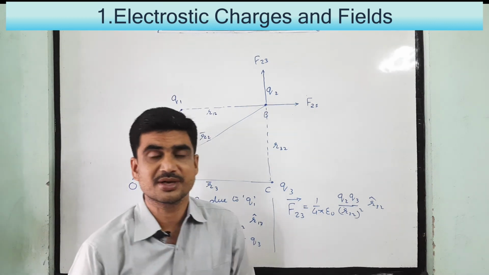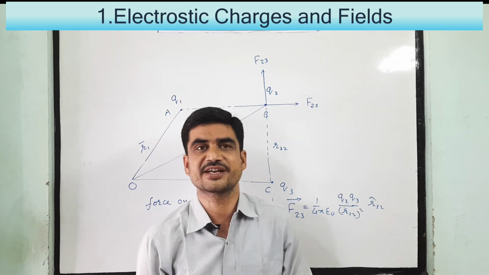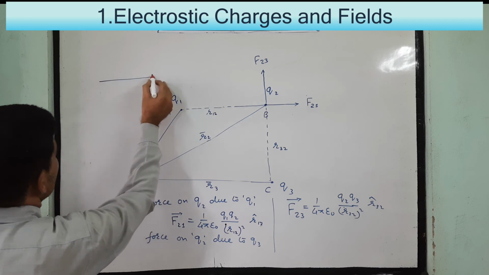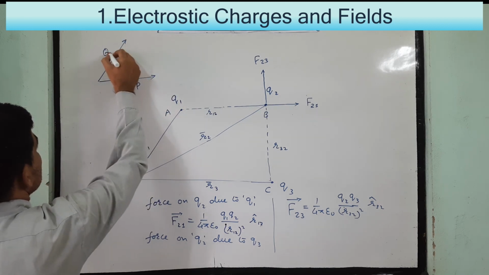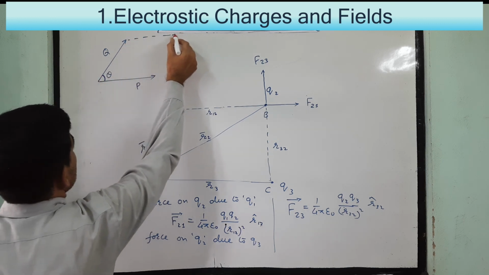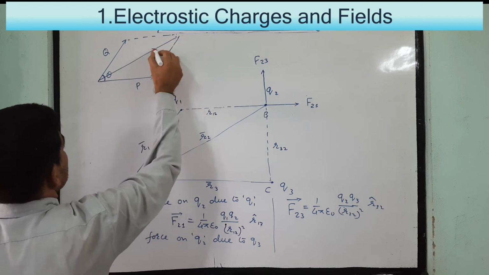We have to apply the concept of vector sum that we studied in class 11. Let me remind you: if you have two vectors, P and Q, and the angle between them is theta, we can get the resultant of these two vectors by the law of parallelogram.